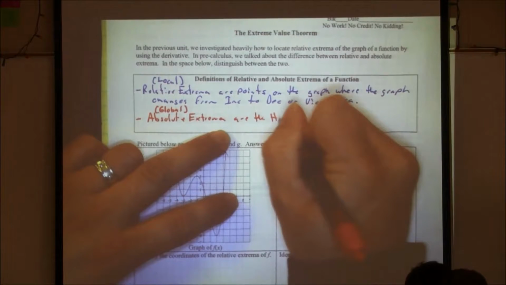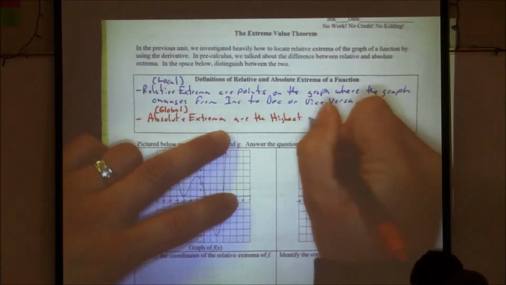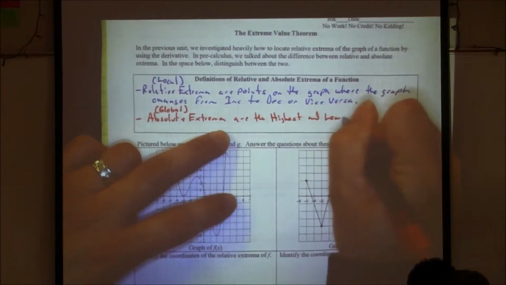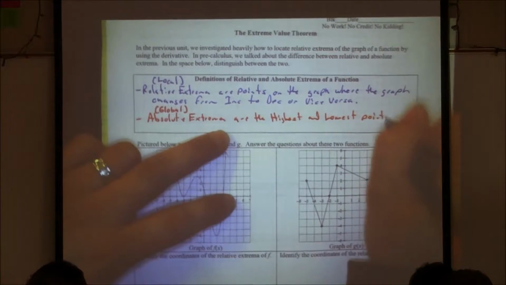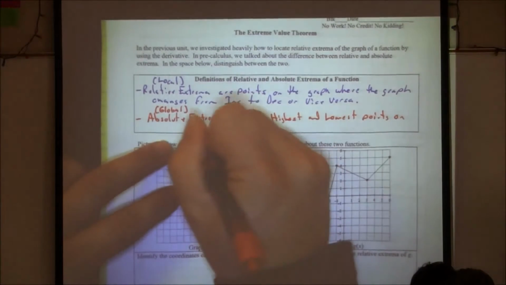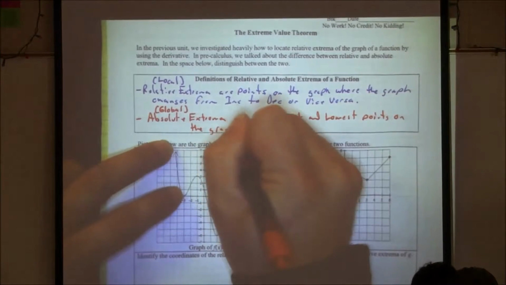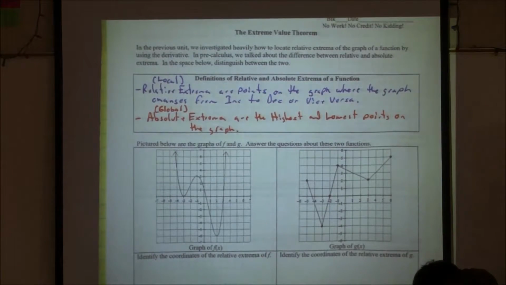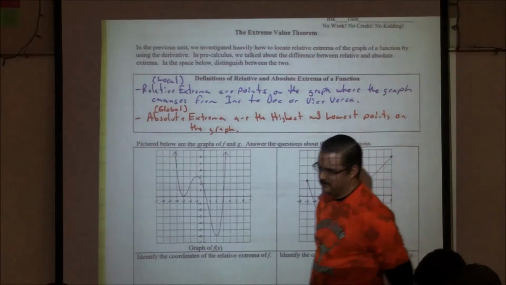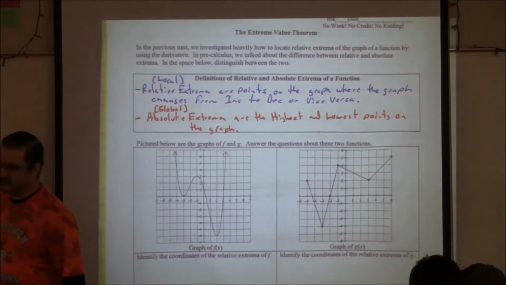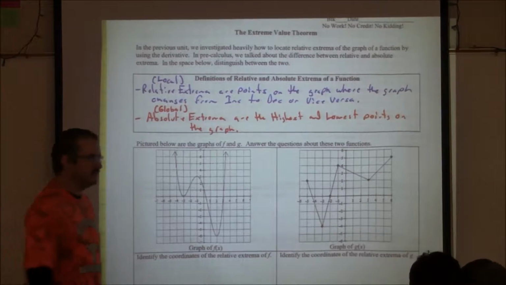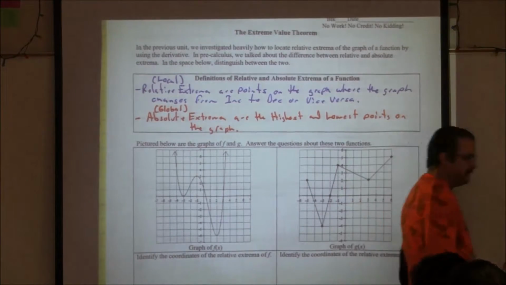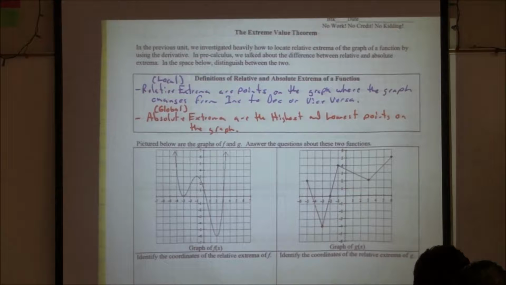The highest and lowest points on the graph. Whichever one's the highest one on that graph, that's the absolute max. Whichever one's the lowest one is the absolute min. Easy? Kindergarten stuff? You ready for the assignment? Yes? Okay. Let's do it.